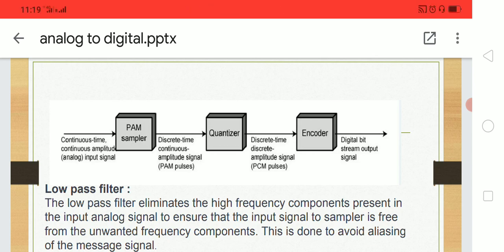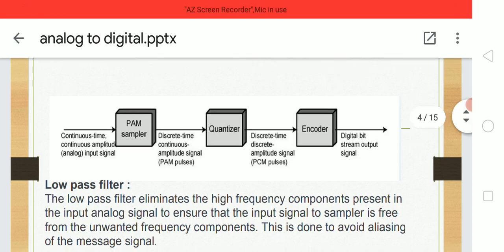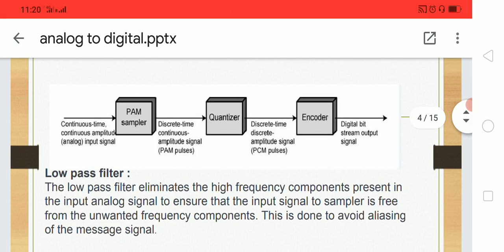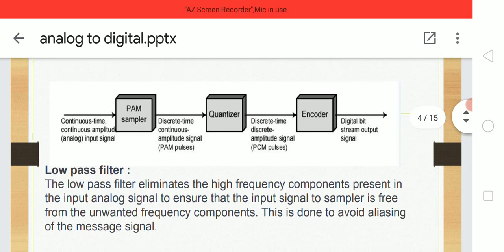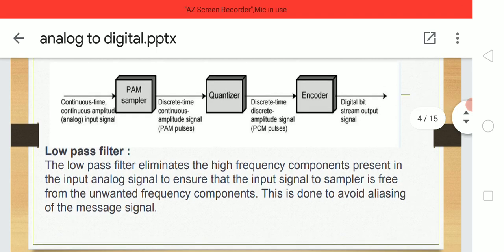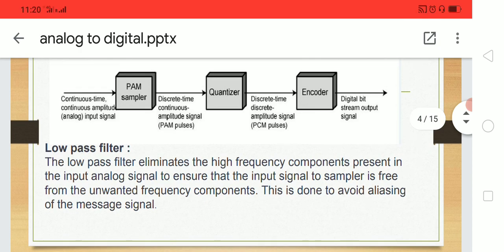The quantizer takes the output of the sampler and converts it into a discrete time, discrete amplitude signal, PCM pulses. The encoder receives the output from the quantizer and converts it into a digital bit stream output signal.